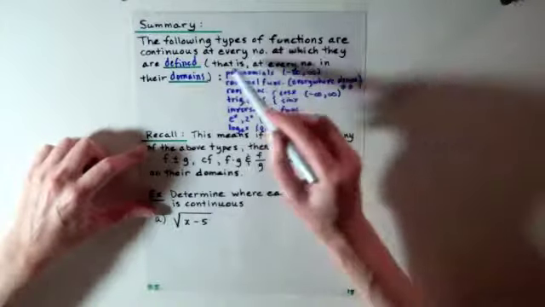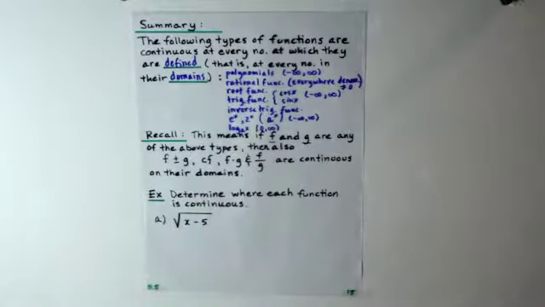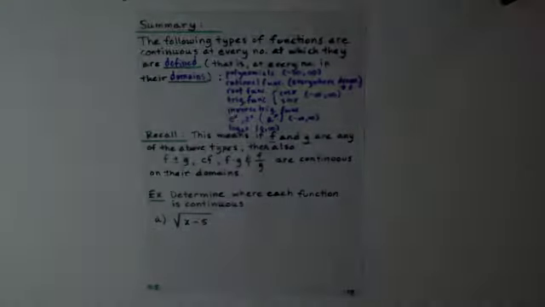So if we have any combination of these kinds of functions that are added or subtracted or multiplied or divided, to figure out where they are continuous, all we really have to do is figure out what their domains are. Well, let's go ahead and do just a few examples.